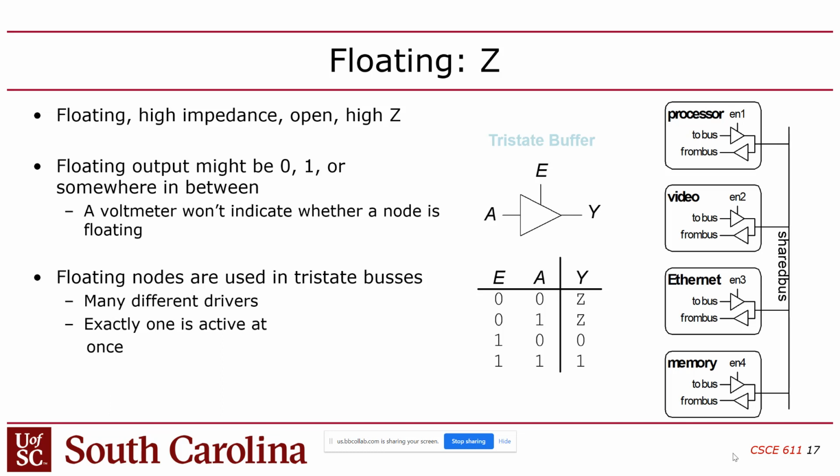However, you will see Z still come up in your design. For example, when you build your FPGA design, you may have a test bench and you forget to drive an input into the test bench, and you'll see Z there, and you're like, what's going on here? It just means it's not driven. You forgot to set it to something, or somebody didn't set it to something, or it got disconnected, or you have a bug in your code where you got the name wrong.